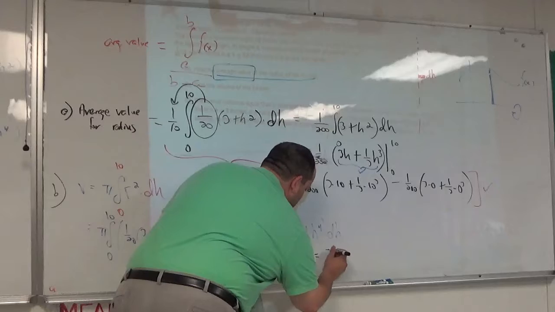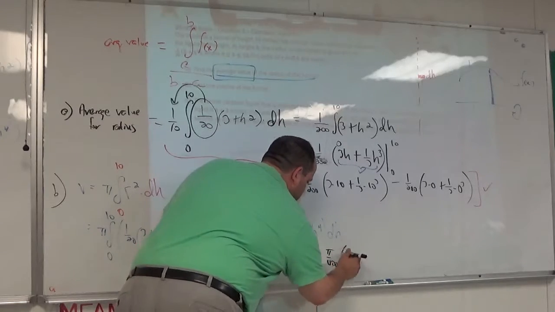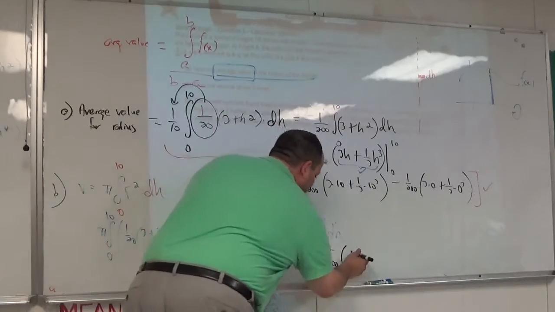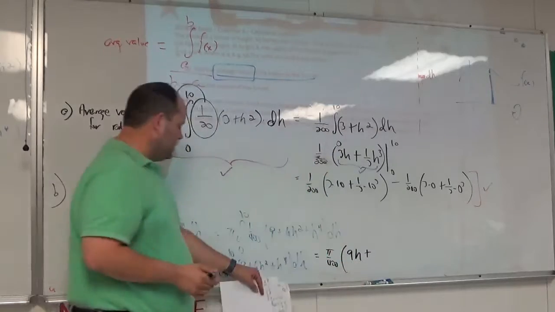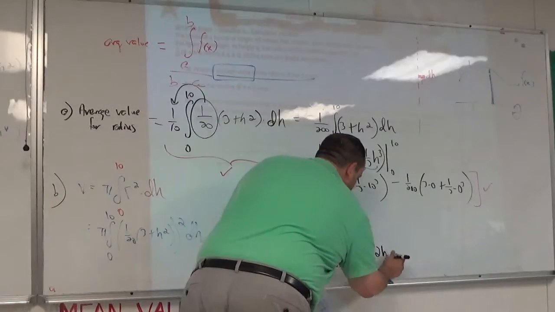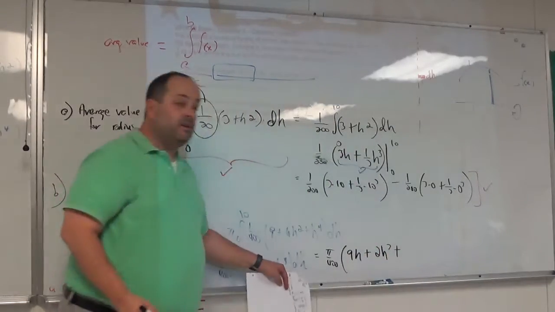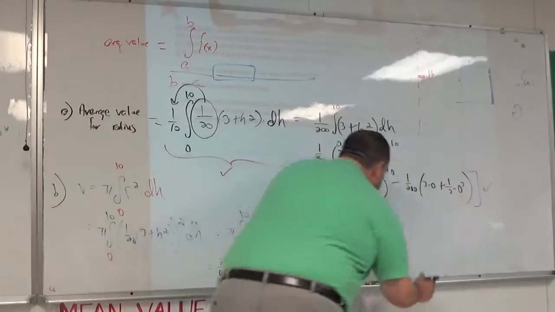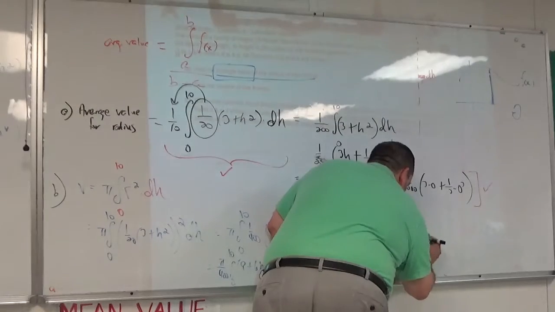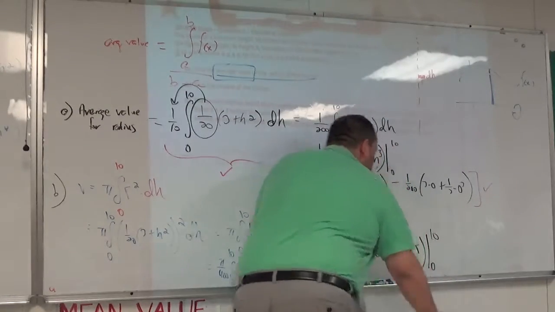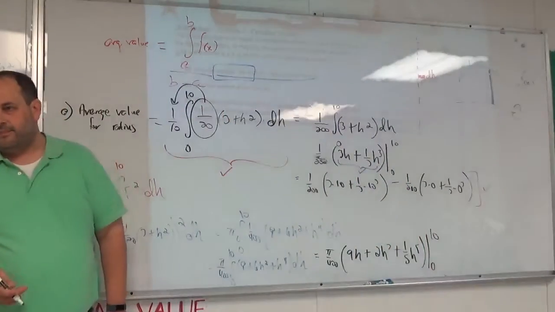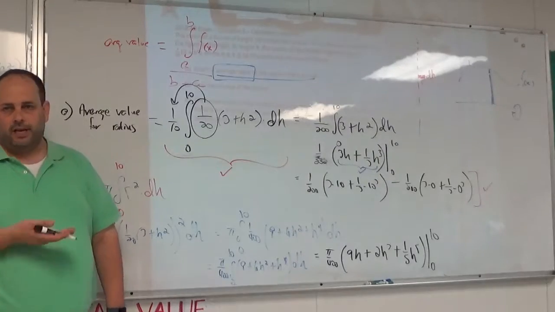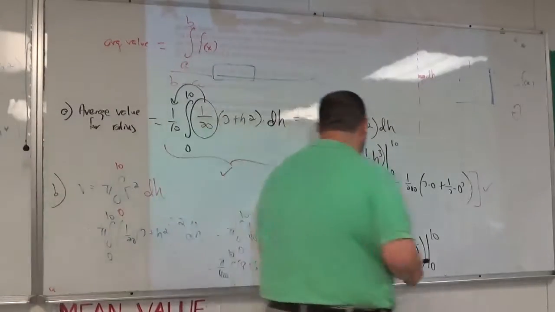All right, if all goes well, that pi over 400 stays right where it is. The integral of 9 is 9h. The integral of 6h squared is 2h cubed. The integral of h to the fourth: add 1 to the power, divide by the new power, 1/5 h to the fifth. Then evaluate from 0 to 10. Plug in the 10, plug in the 0, subtract them all.